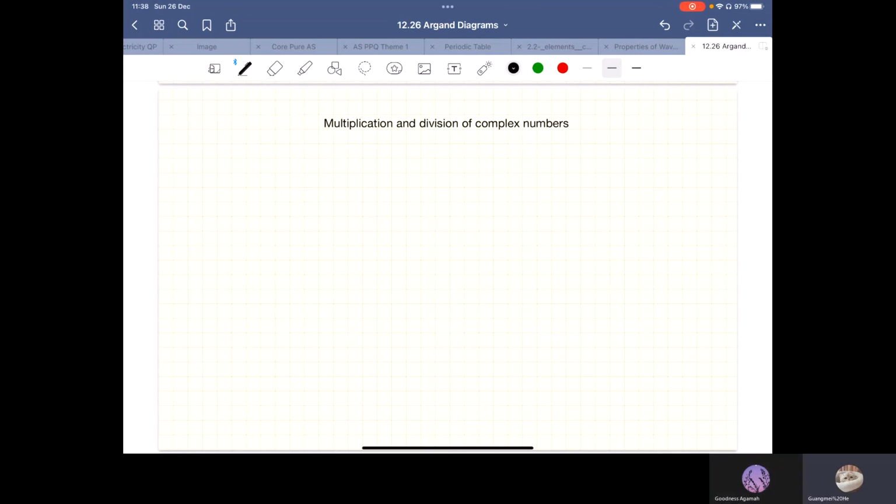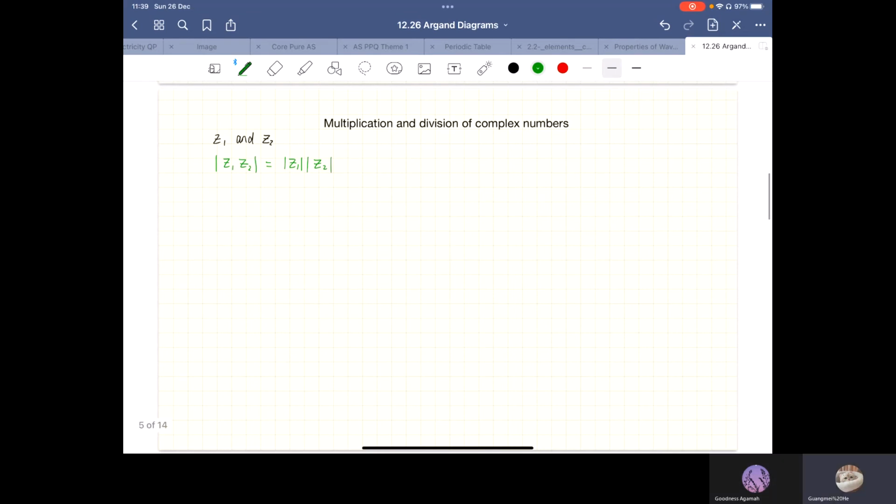So the theory is for any two complex numbers, z1 and z2, the modulus of z1 z2 is equal to, you can separate them into, modulus of z1 times modulus of z2.